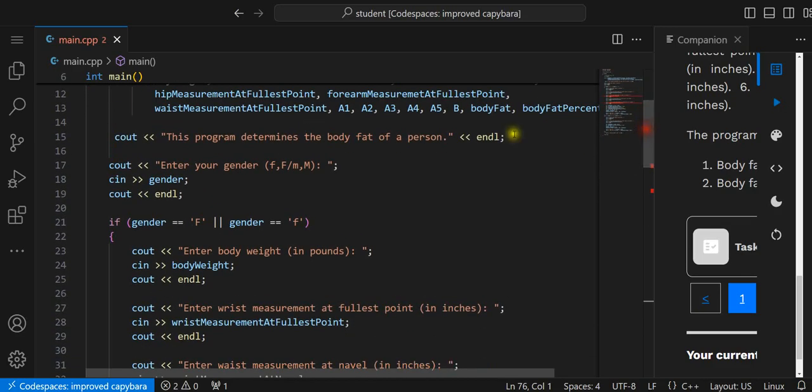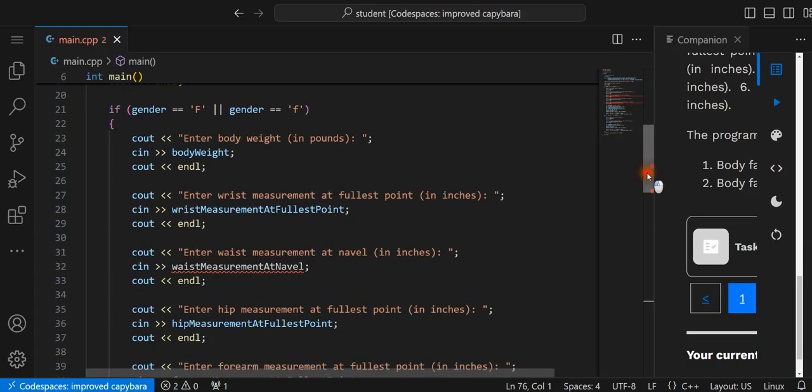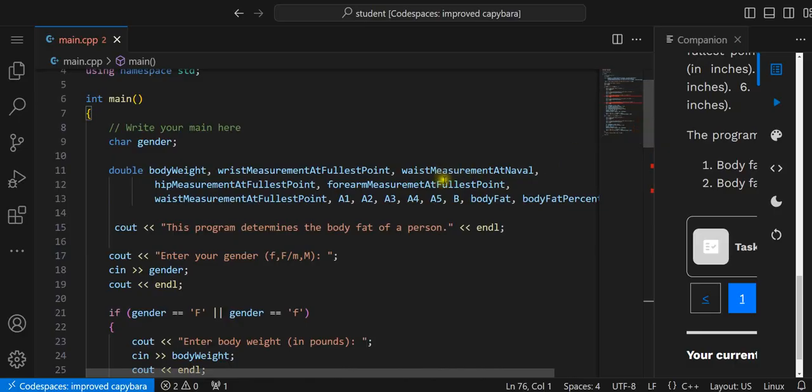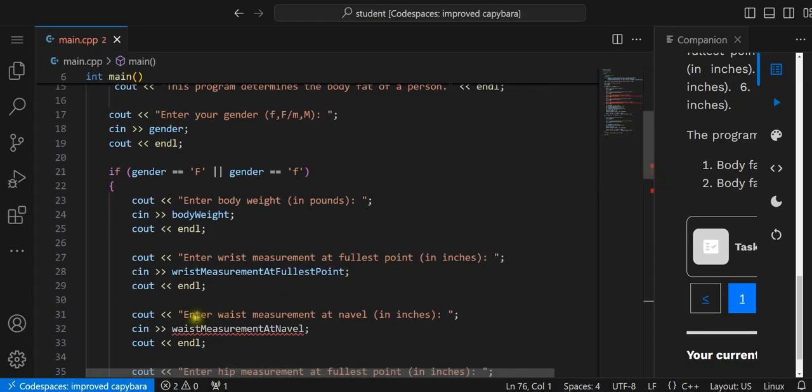I get waist measurement at navel, strange. Waist measurement at the last semicolon.